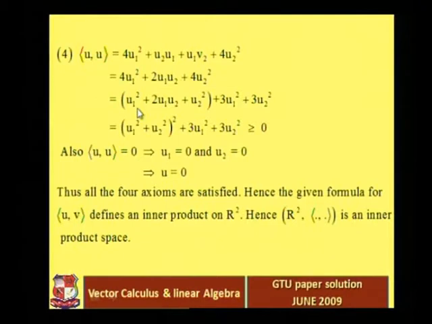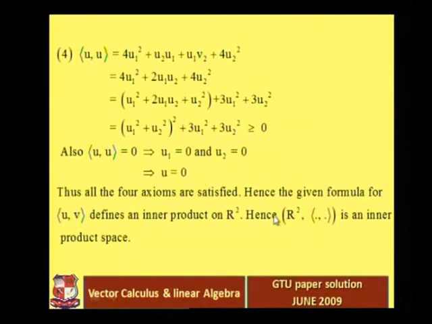So that can be expressed as u1² + 2u1u2 + u2² + 3u1² + 3u2². So (u1 + u2)² + 3u1² + 3u2², that is always greater than or equal to 0 clearly. And if ⟨u, u⟩ is equal to 0, we can easily prove that u1 is equal to 0 and u2 is equal to 0. So u is the 0 vector.